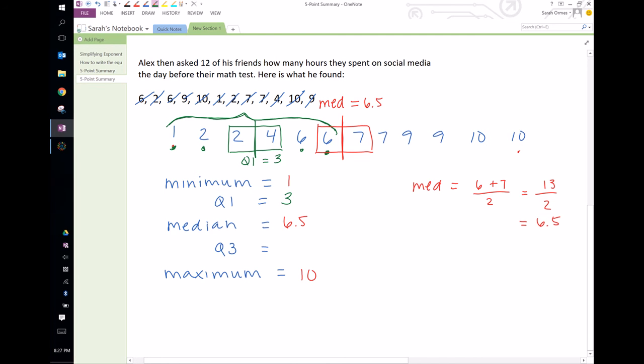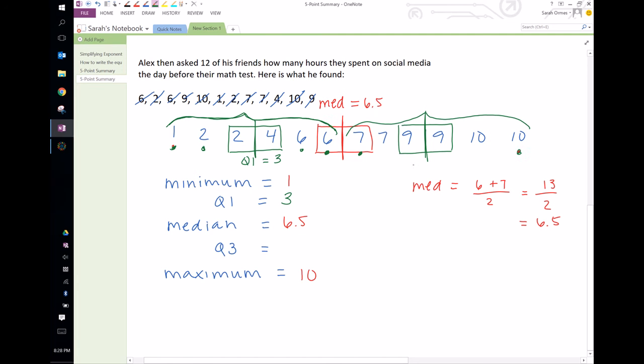Let's do the same thing on the other side. So remember, my median is right in the middle, 6.5, but I haven't actually used that 7. So my bracket has to start outside the 7. One finger on the 7, one finger on the 10, walk in. We need to be right in the middle of these 9s.